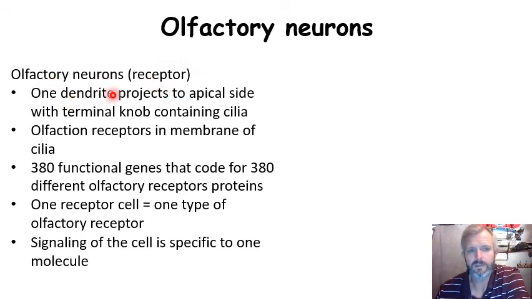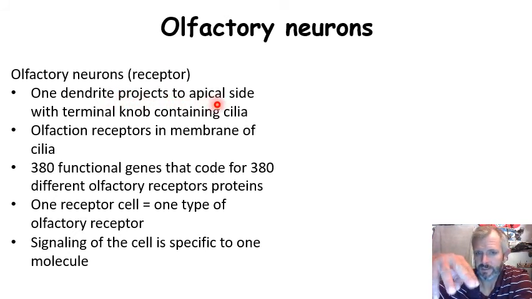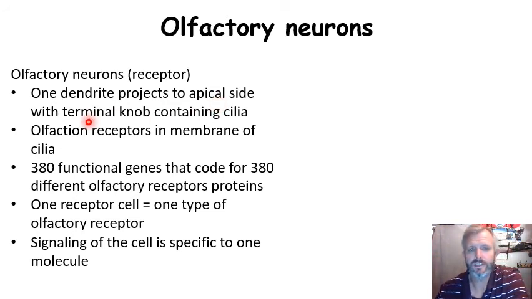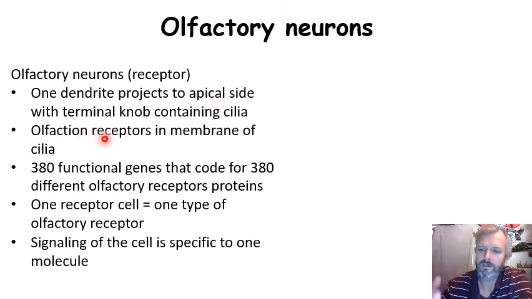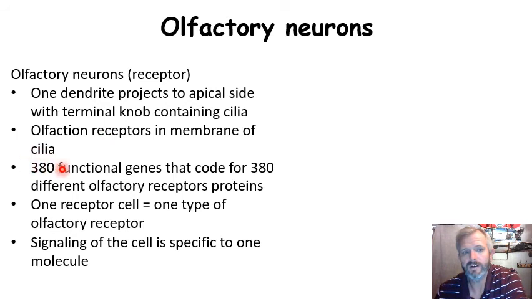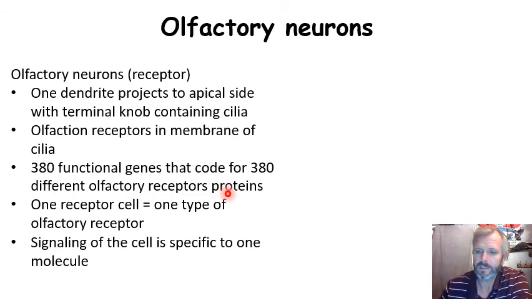Okay, the dendritic ends have these cilia in which the receptors lie, the olfactory receptors that are going to respond. Again, they are chemoreceptors, so these receptors are going to respond to various chemicals that you breathe in through your nose. What we see, there are roughly 380 functional genes that code for different receptors for smell.